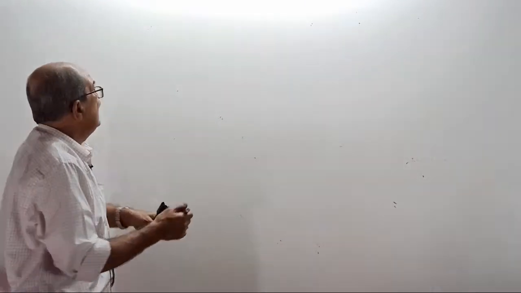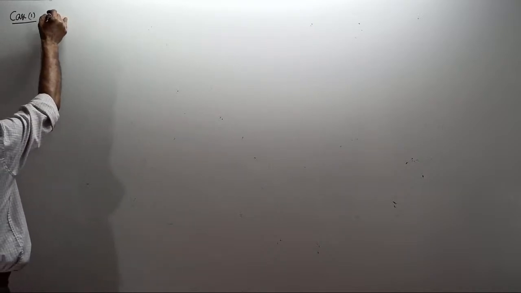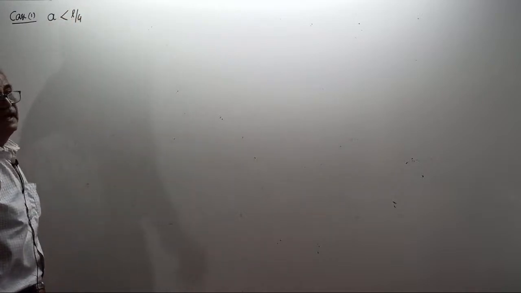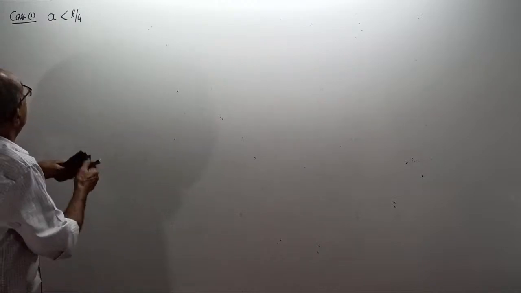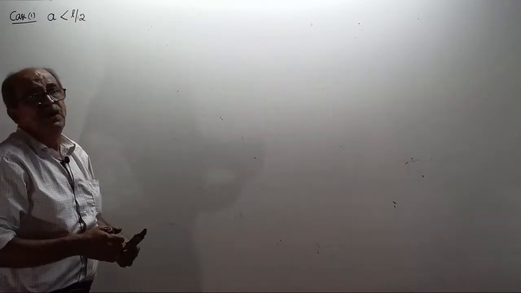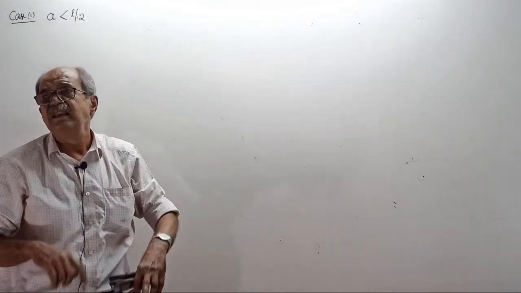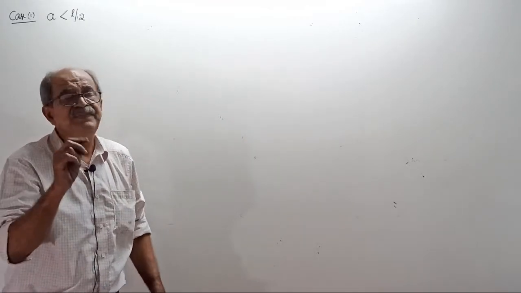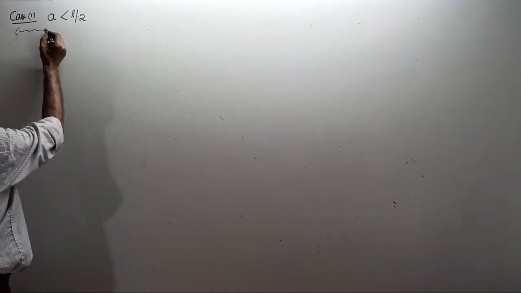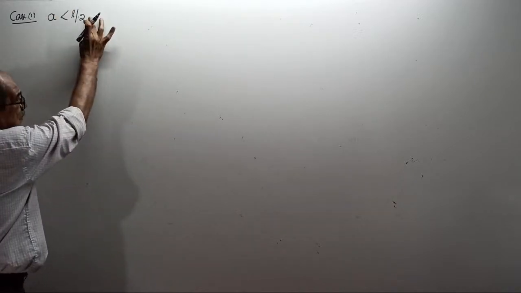Okay. Now, start. One by one, standard case I will write here. See, neatly here. Case 1. See what I am writing clearly. Case 1 is A is less than L by 4. A is less than L by 4 means overhang is less than half the span, L by 2.